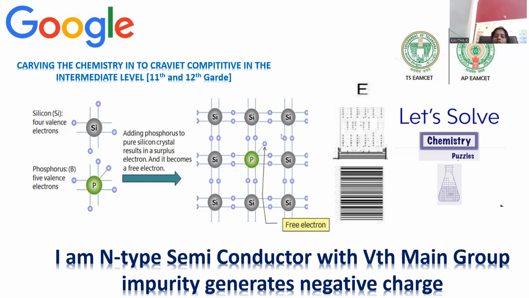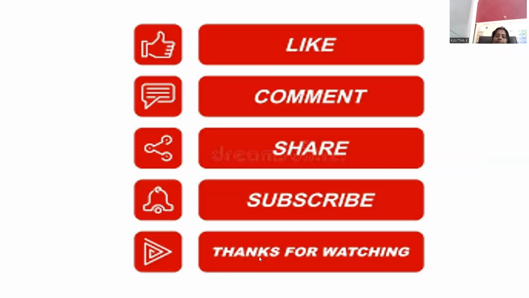So whenever electrons are released from the phosphorus, free electrons will be generated. Those free electrons will increase the electron density, and so N, for negative charge, will be generated because of the electron density. This is the way an n-type semiconductor will be generated.